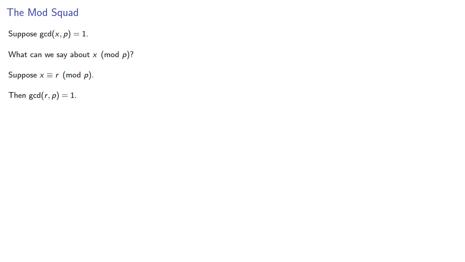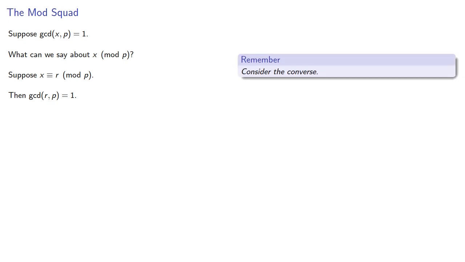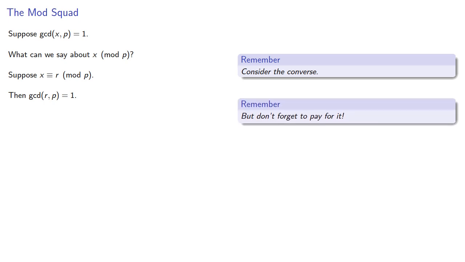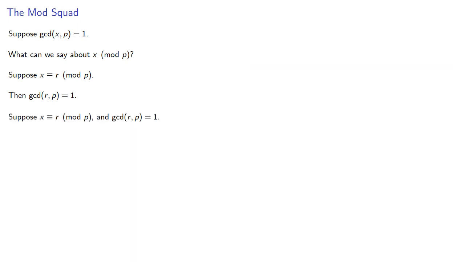So another useful strategy in mathematics is to consider the converse. But remember, don't forget to pay for it. The converse is often useful, but it isn't included like the contrapositive, so we'll need to pay for it. Suppose x is congruent to r mod p and the greatest common divisor of r and p is 1.